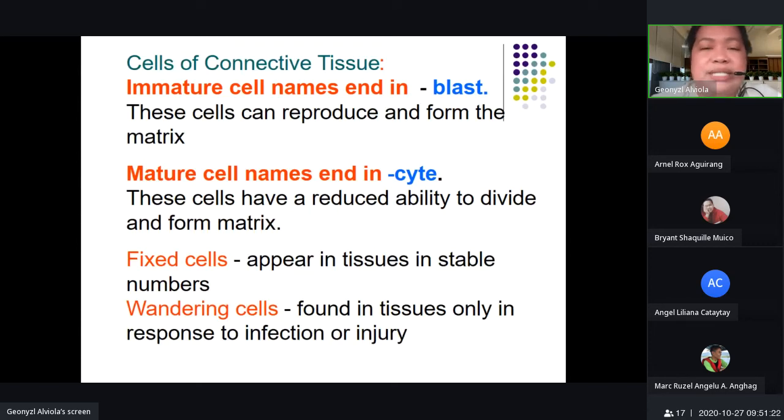When the last syllable is cyte, it indicates that the cell is mature, like osteocyte and chondrocyte. Chondrocytes are cartilage cells and osteocytes are bone cells.